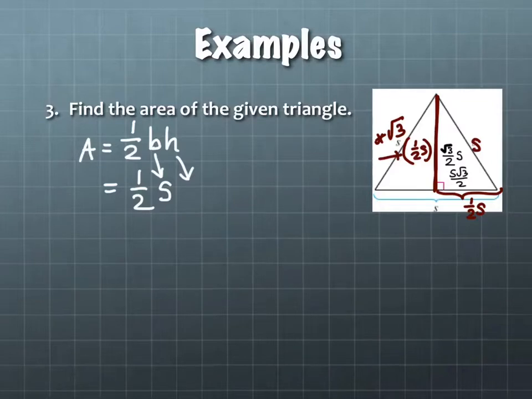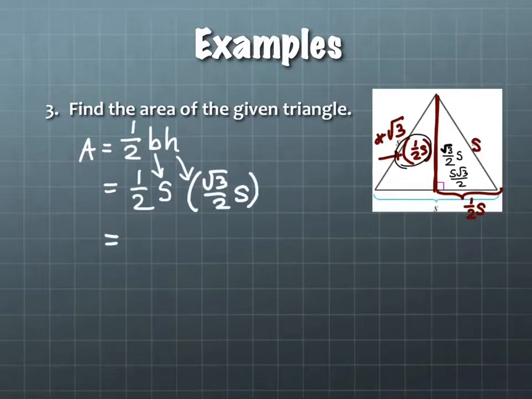You can leave it written like this with square root of 3 after it. It doesn't make any difference, but that's my height. So when I'm doing my height over here now, I can use that value in there for it. So my height is square root of 3 over 2 S.